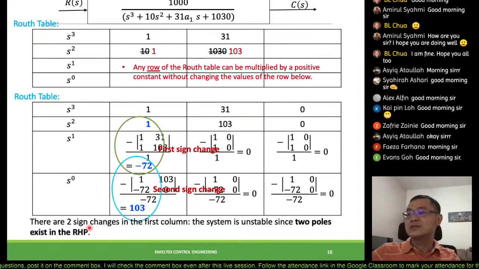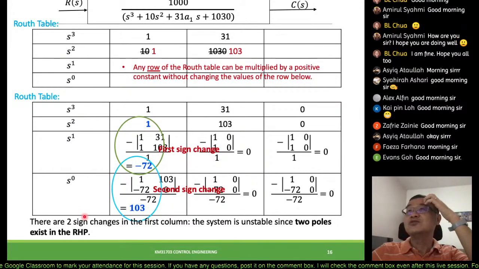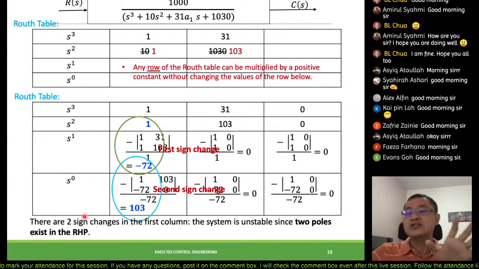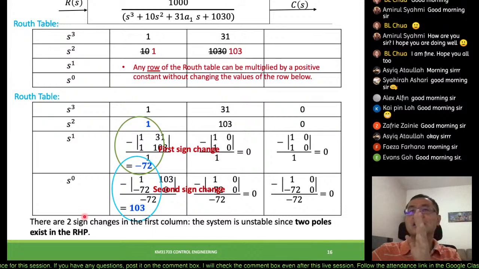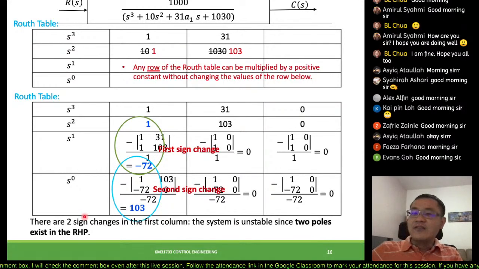Okay, you see, by using this method, we actually can know how many poles actually lie on the right or the left half plane, okay, accordingly, right?